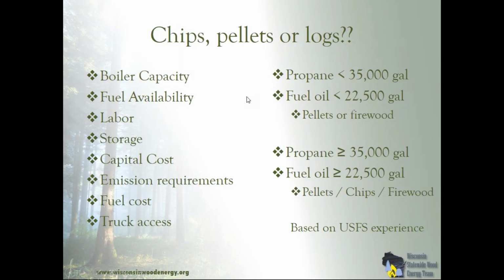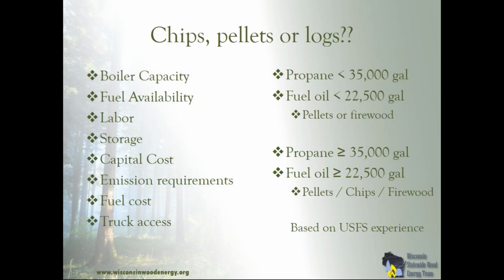So the Forest Service, through their experience in doing wood systems, has found that if you're below 35,000 gallons of propane or 22,500 gallons of fuel oil, you're probably better off with wood pellets or cordwood. If you're above that, then any of those will work. Now, having said that, there are lots of new technologies coming in for wood chips especially, with lower capacity units.